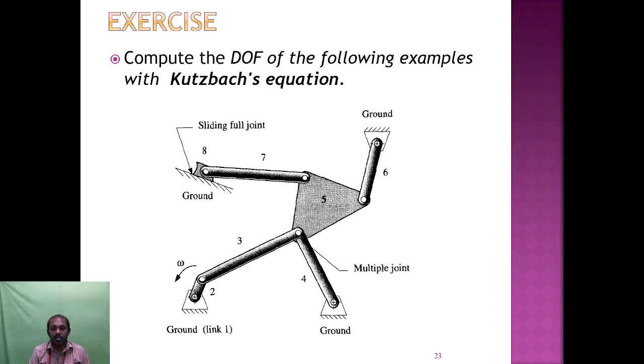Link 2 is a crank, which rotates through 360 degrees. Link 3 is an oscillating link, it does not rotate. Link 4 is the same, oscillating, and link 5 is a ternary link, and links 6, 7, 8 are binary links. So totally 8 links. And the joints: 1, 2, 3, 4, 5, 6, 7, 8. 8 joints and 8 links.